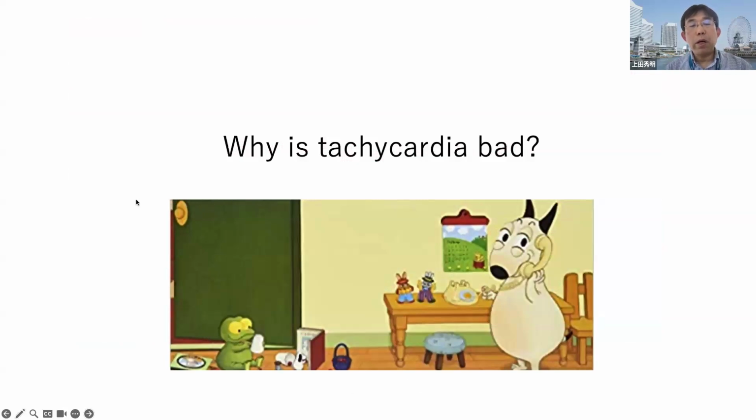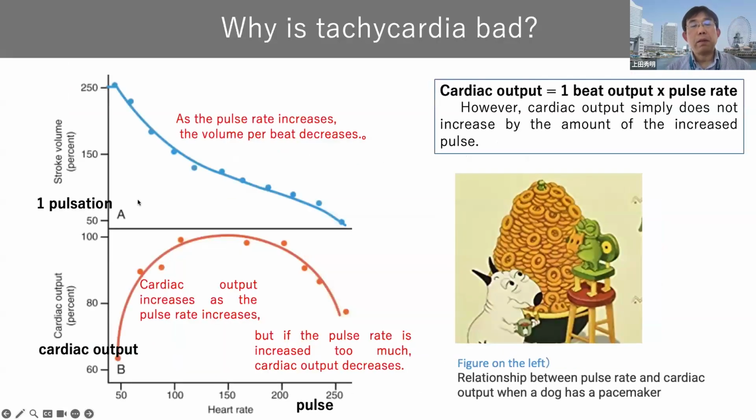So why is tachycardia so bad? Looking at the pulse and cardiac output, as the heart rate increases, the cardiac output initially goes up, because with stimulation the heart rate rises and the heart starts beating strongly.